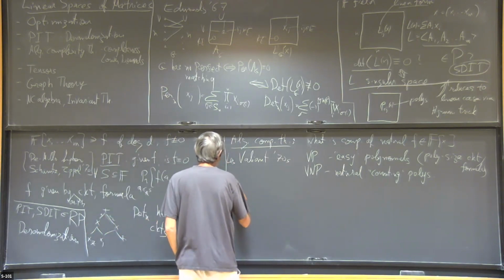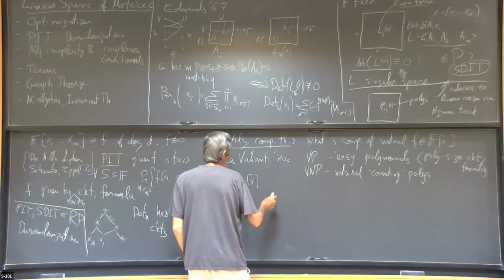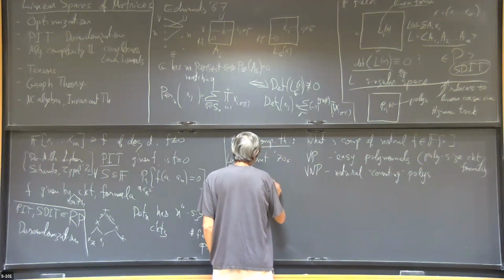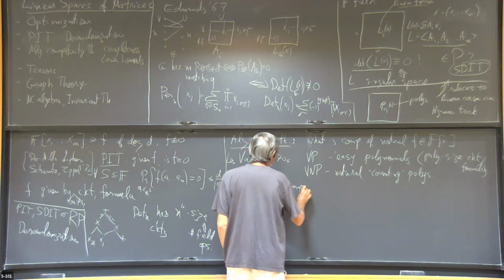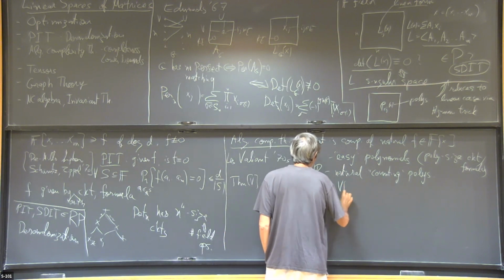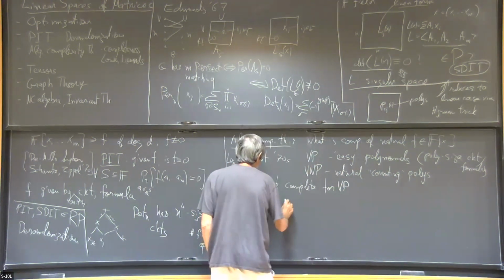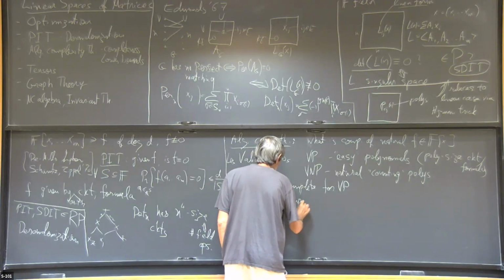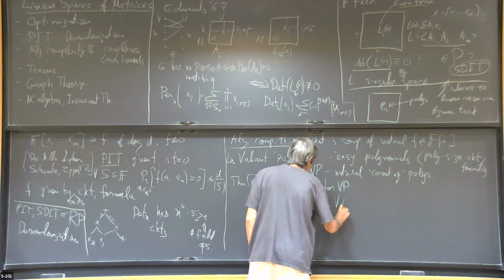So which one does Valiant prove? Determinant is complete. So, VP and VNP.